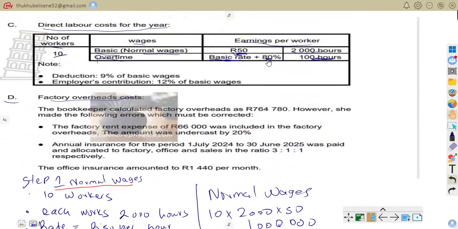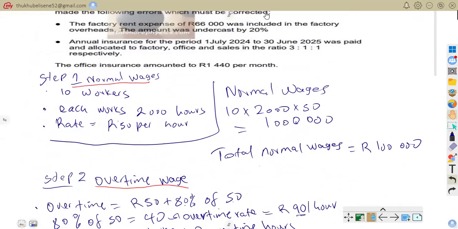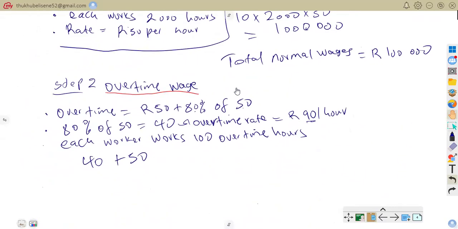Our normal rate is 50, and the 80% part is 40. So meaning you're going to say 50 plus 40. It will give us 90.